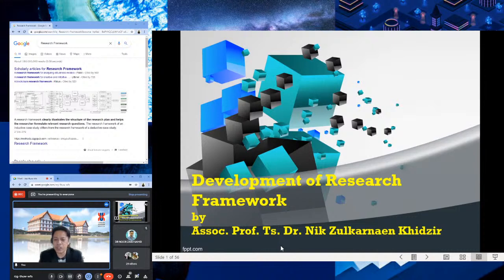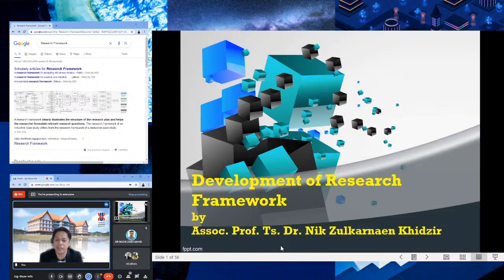Okay. So basically, when we do any research or any study, doesn't matter, at master or PhD level, we need to understand the fundamental aspect of research framework. So research framework is part of this exercise when we want to start any research.